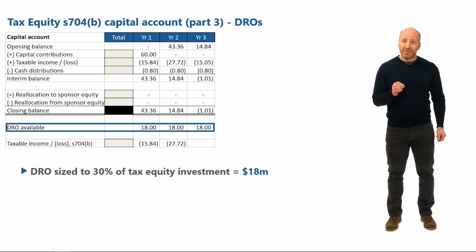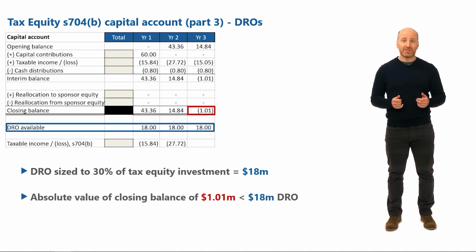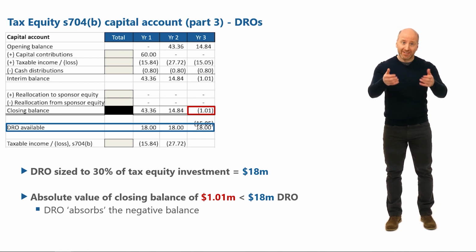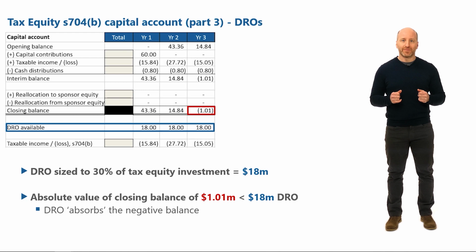The closing balance of negative 1.01 million is less than the $18 million DRO limit, so the DRO can effectively absorb this negative balance. And this means that the tax equity partner can use all of year 3's losses, being 15.05 million, instead of reallocating some of those losses to the sponsor.